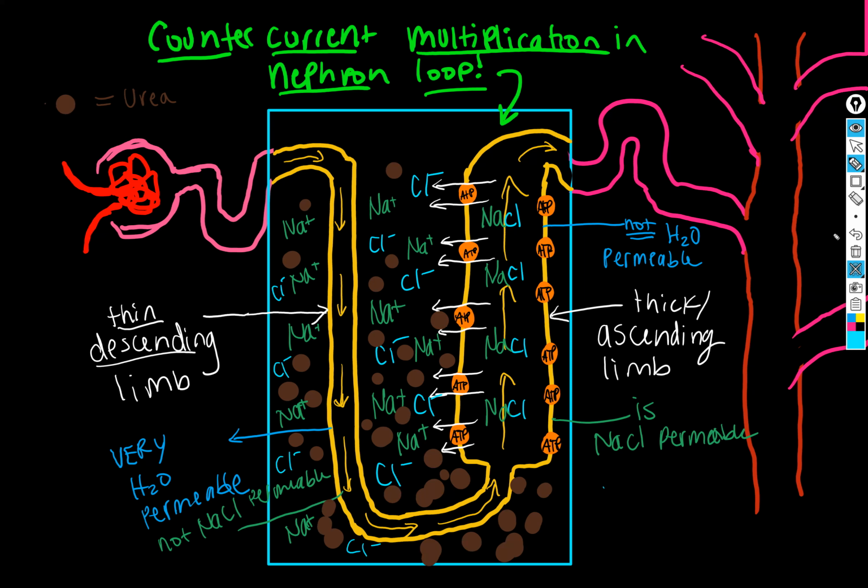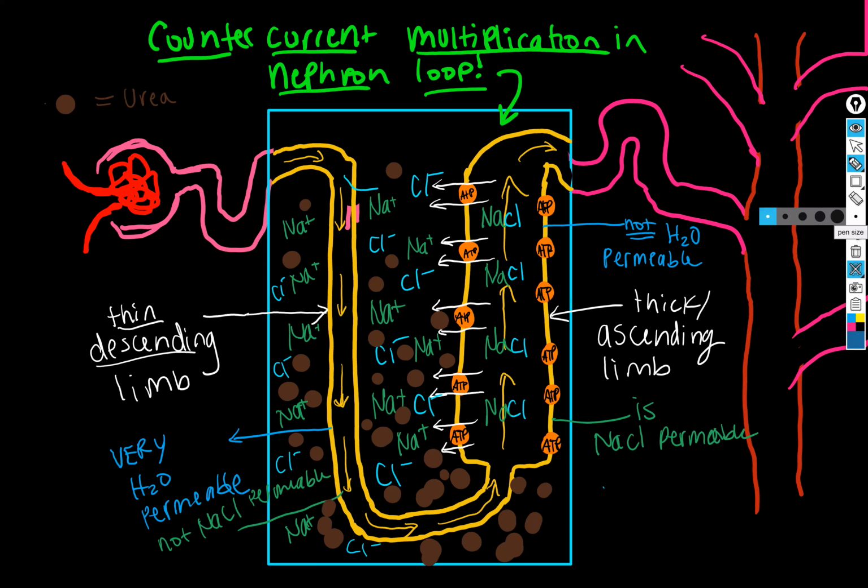So if I'm water and I'm inside of the loop and I'm flowing downwards, because this fluid's always moving, I'm going to be like, wow, there are so many solutes out there. I just really want to go out there. And so it does. Let me pick a different color for water. How about dark blue?